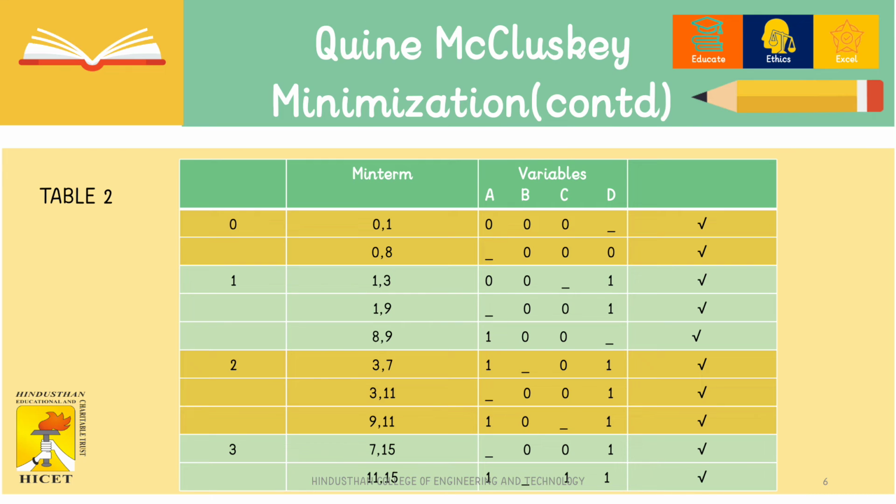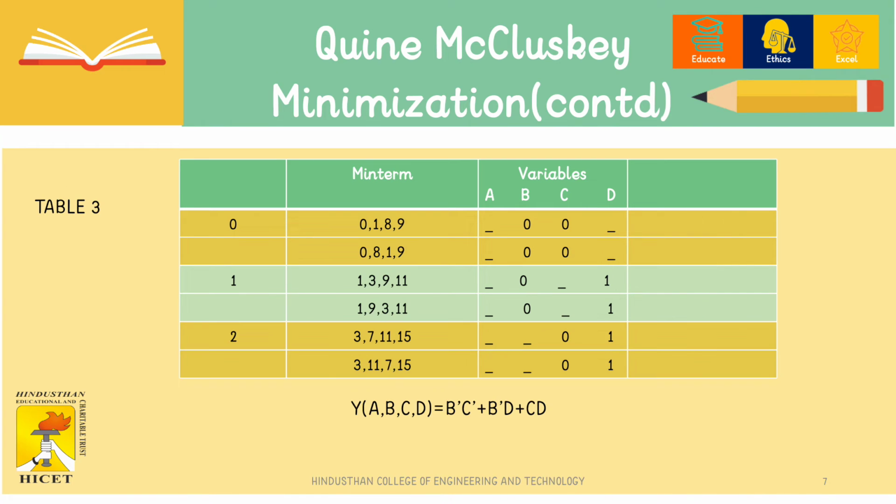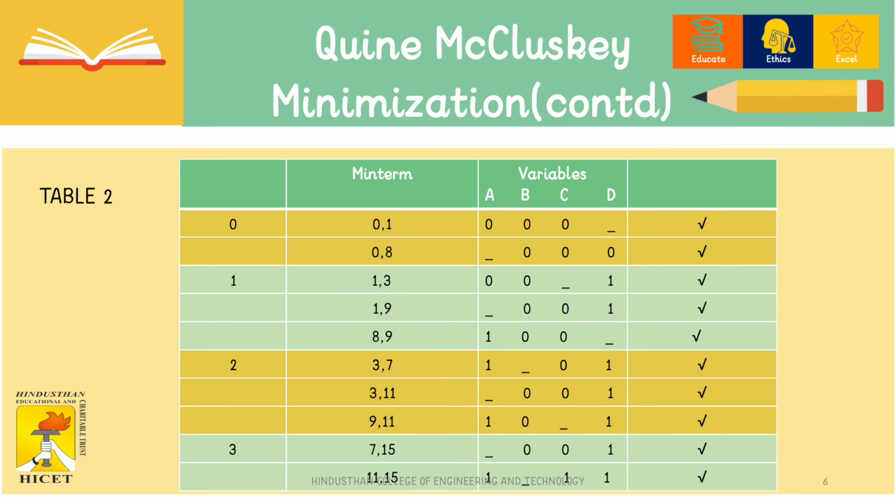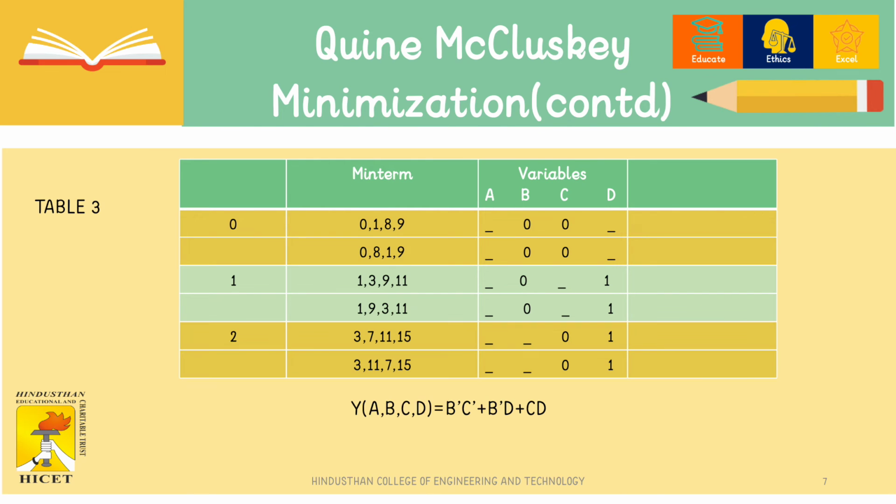So I have to replace 0189 as dash 00 dash. Similarly, I am comparing the 08 and 19 group and I get the value as dash 00 dash. Similarly, I compare the terms in group 1 and group 2 in table 2 and group 2 and group 3 in table 2 and I derive the table 3.